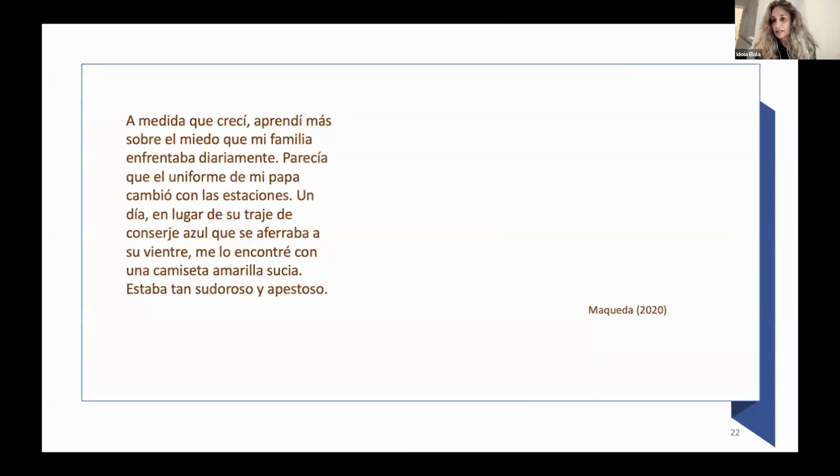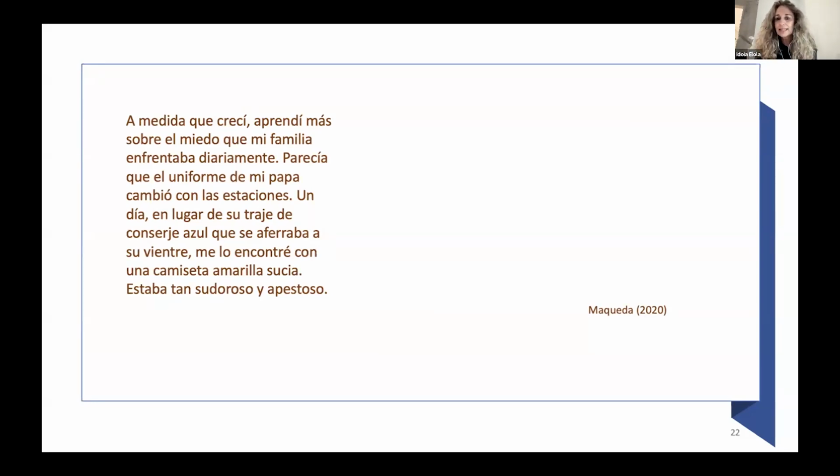This is a Spanish heritage language student, and she was learning about the fear that her family faced daily because they were coming as illegal immigrants. And so she noticed how her father's uniform changed depending on the season. Sometimes it was blue, sometimes it was this tight T-shirt that was smelly because he had been sweating, because that was part of his job. So depending on the season, there was this change of clothing.